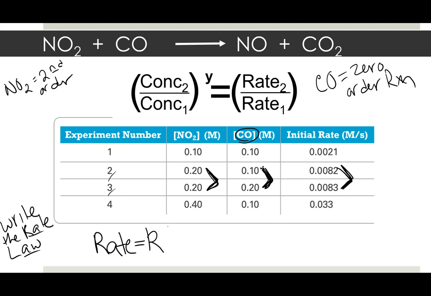Rate equals k times the concentration of NO2. And now that we know that it's a second order reaction, we can put that exponent 2 up there. Times the concentration of CO. And now that we know that carbon monoxide is a zero order reaction, we can put that 0 up there. So that is the rate law for this reaction.